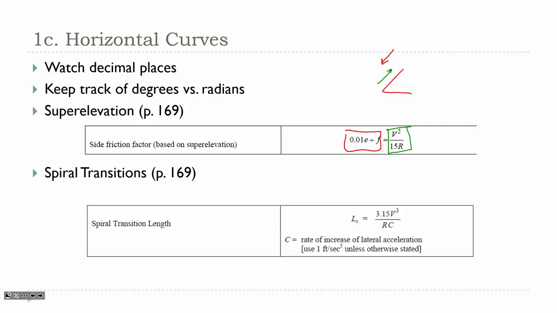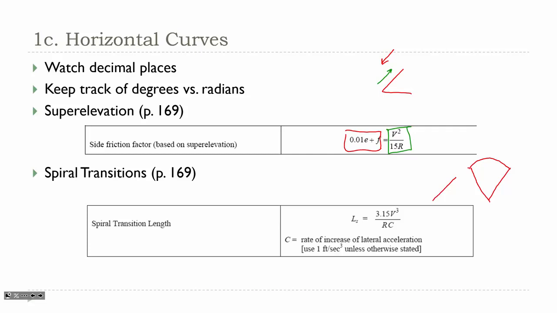So imagine what it is, because I'm not drawing the picture. If we have a horizontal curve, the spiral transition, if we have a tangent section leading up to it, again, the way I describe it in 342, if you don't have a spiral transition, as soon as the car gets to the PC, you're going to instantly turn your wheel to match the radius to navigate the curve.